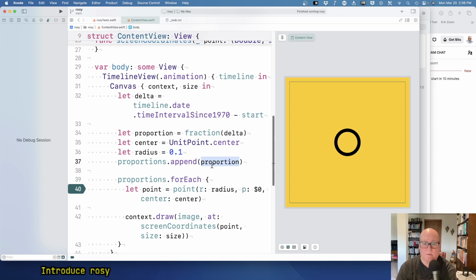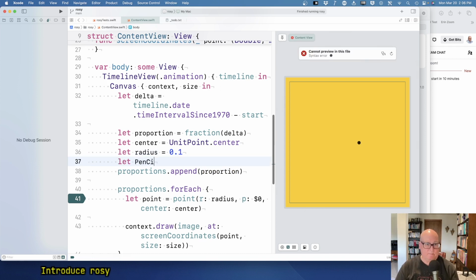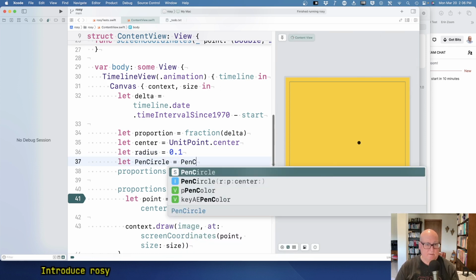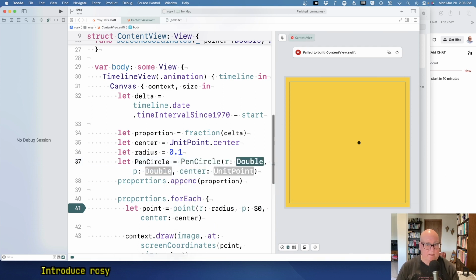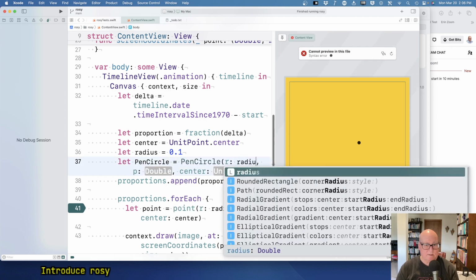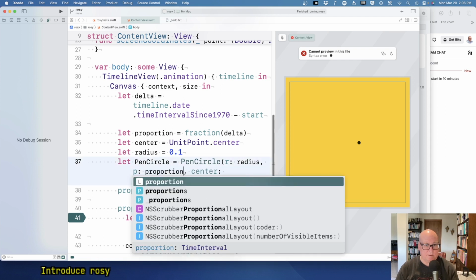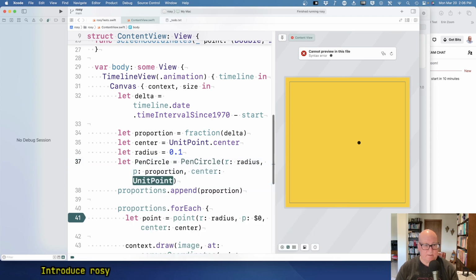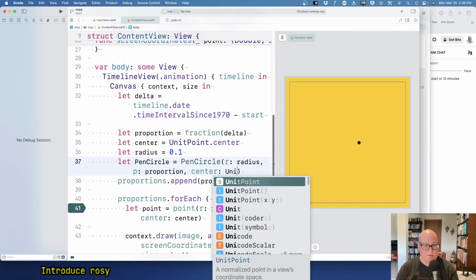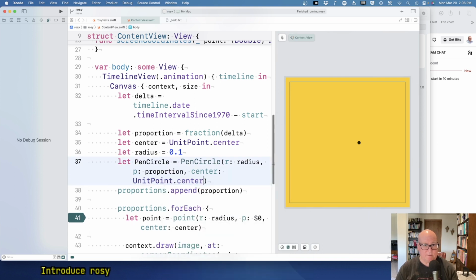Okay, so proportion. Let's make a pen circle. R is radius. P is proportion, and center is unit point dot center.